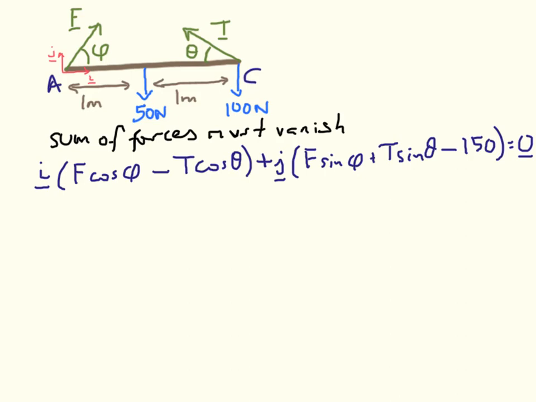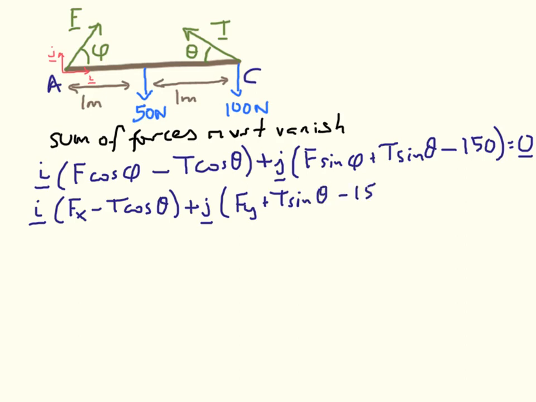A different way of writing this would be to say that we have i, and then using what I hope is somewhat obvious notation, Fx, the component of this in the x direction, minus T cos theta, plus j, and in the j direction it's Fy plus T sine theta, minus 150 is equal to 0.